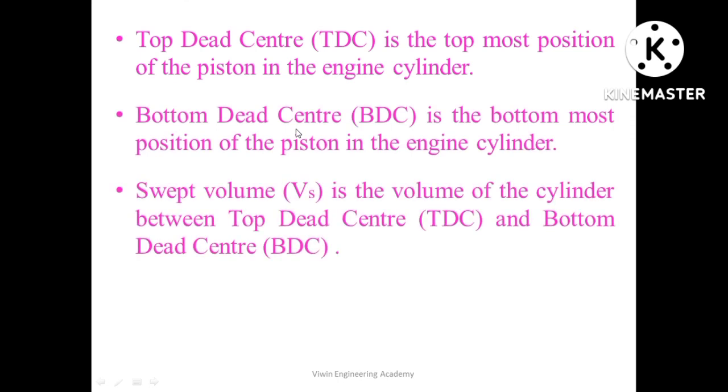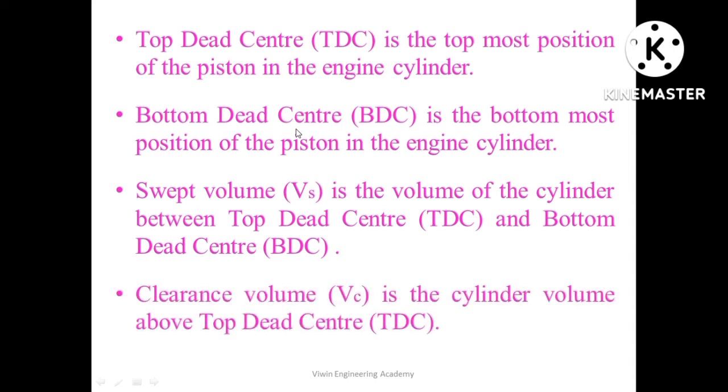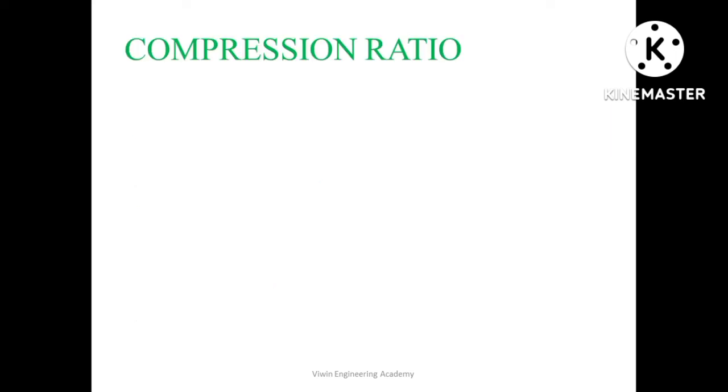Okay, so swept volume Vs is the volume of the cylinder between top dead center and bottom dead center. Clearance volume is the volume of the cylinder above the top dead center. Then another important point related to IC engine is compression ratio.